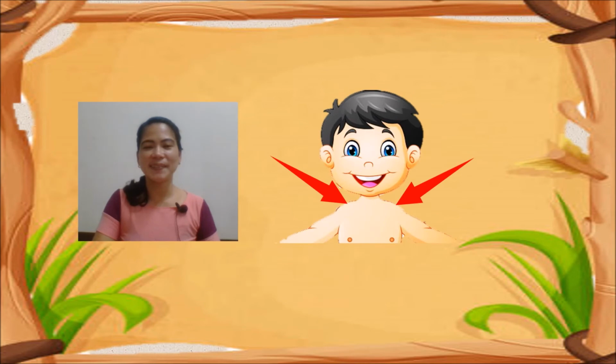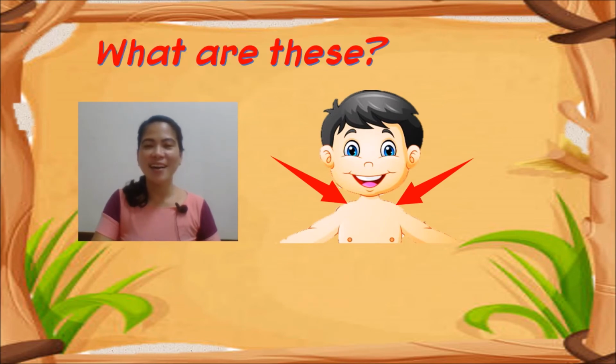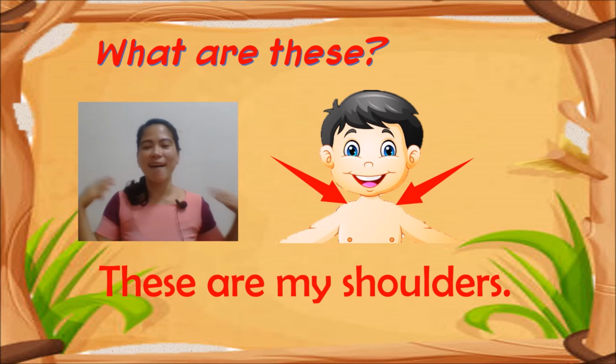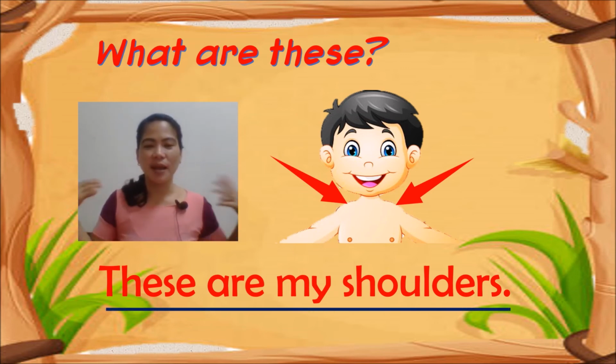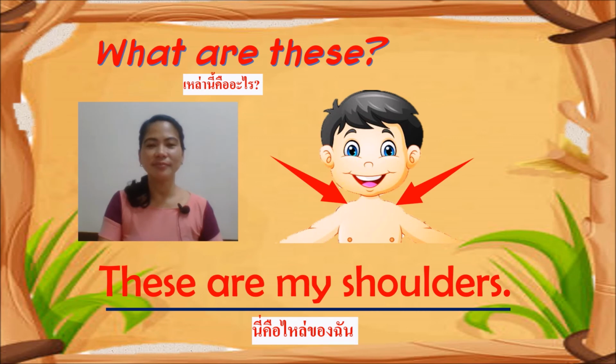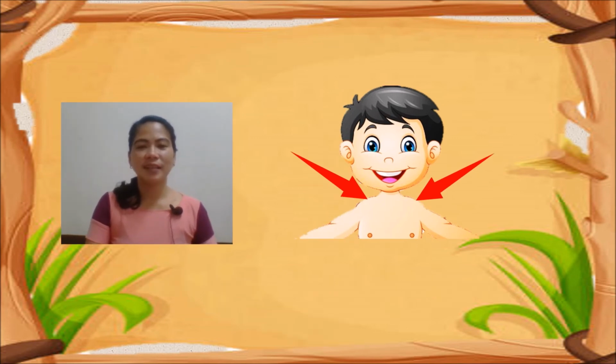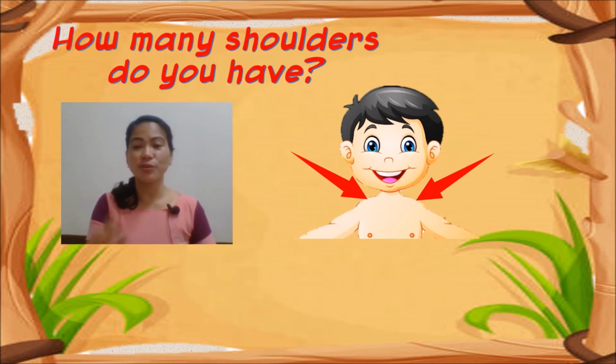Okay, let's go on. What are these? Correct. These are my shoulders. Let's say it one more time. These are my shoulders. And the translation. Then, how many shoulders do you have?